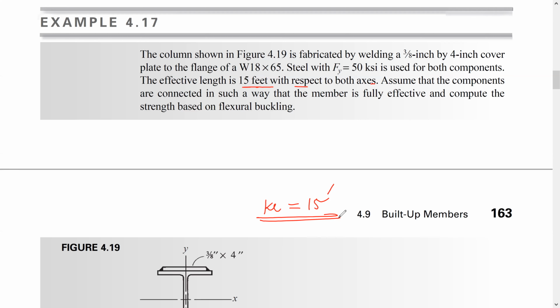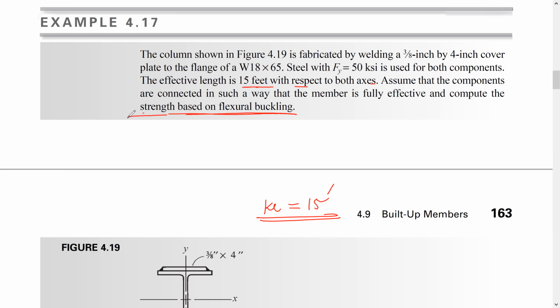Assume that the components are connected in such a way that the member is fully effective, and compute the strength based on flexure buckling. And هون we will assume it's fully effective. وراح نحسب السترينث based on the flexure buckling يعني as we used to do نفس ما كنا نعمل دائما.